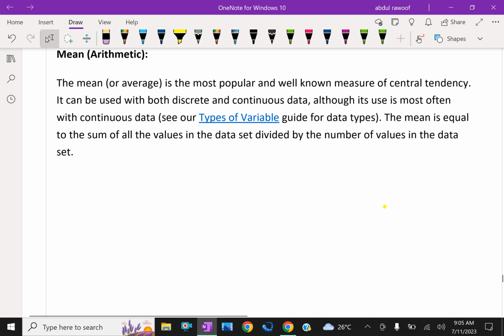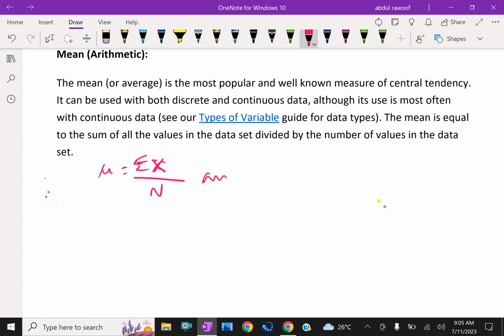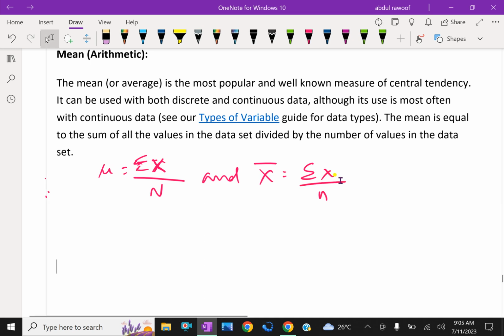Here, mean mu equals sigma x by N, and x bar, the sample mean, equals sigma x by n, where sigma x refers to the sum of all observations, while capital N and small n refer to the number of observations in the population and sample respectively.